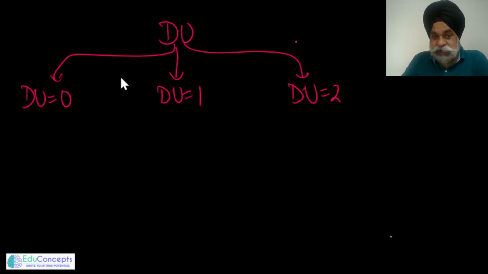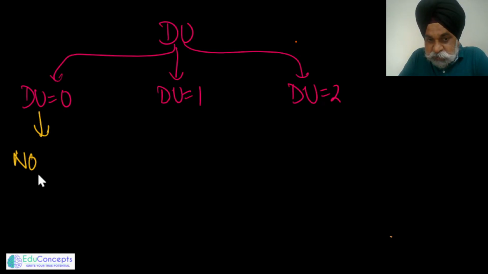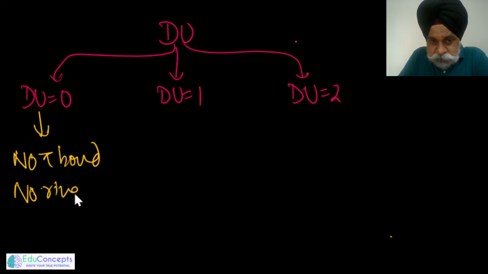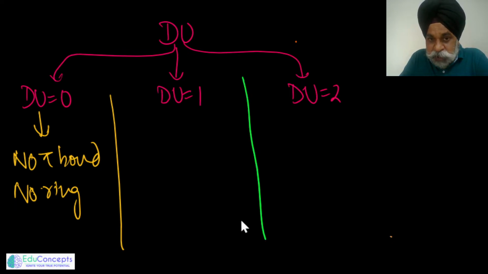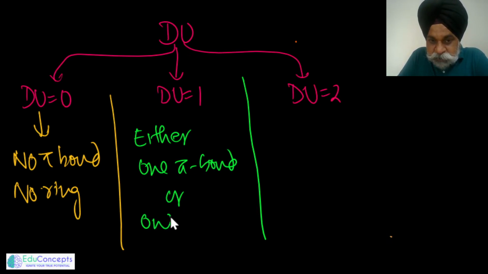Now if I write degree of unsaturation is 0, that means this compound would not have any pi bonds and no rings. Similarly, if I say degree of unsaturation is 1, that means it would have either one pi bond or one ring.